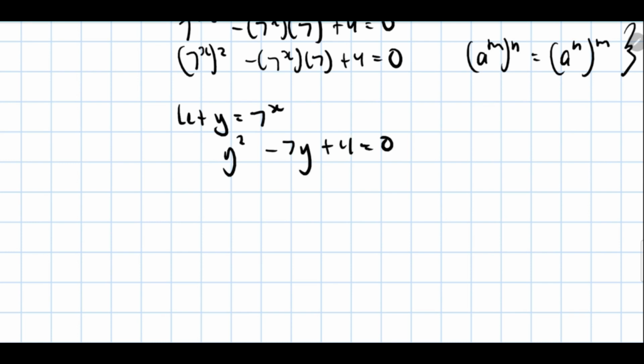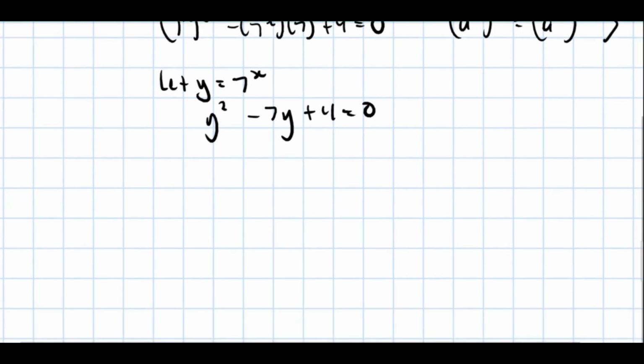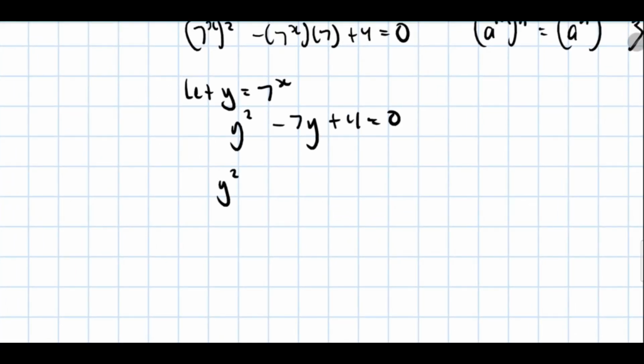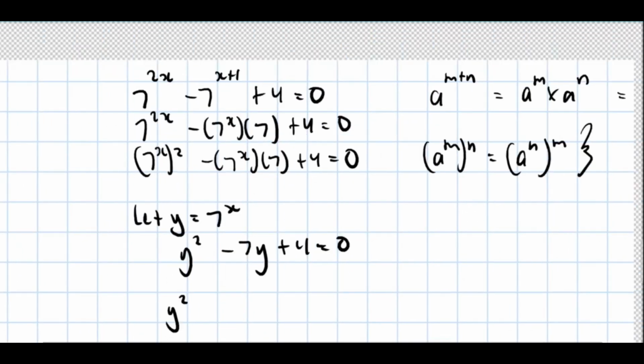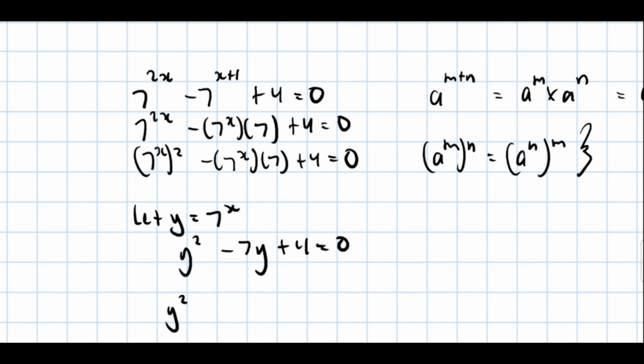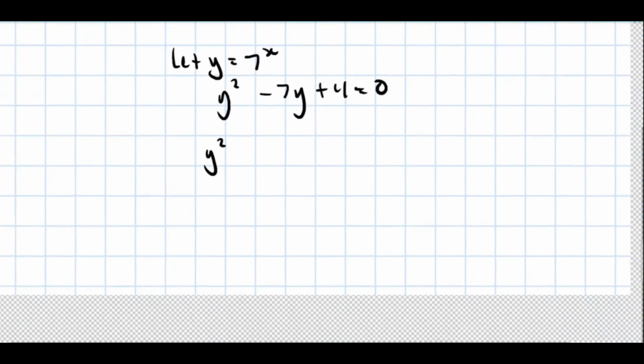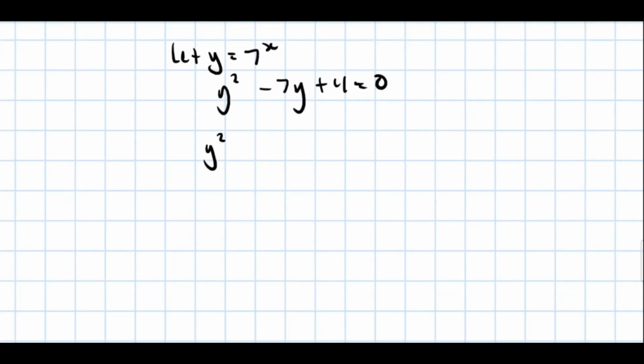Now, from secondary school, you know how to solve these kinds of equations, whether you use a calculator or other methods. So let's solve this quadratic equation. Let me use the quadratic formula.